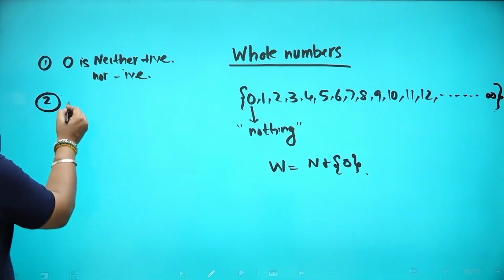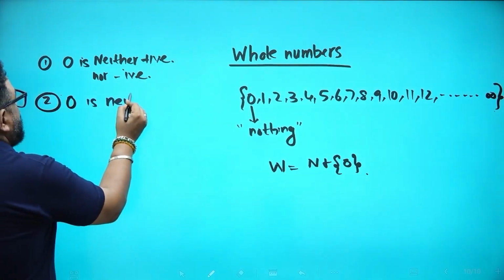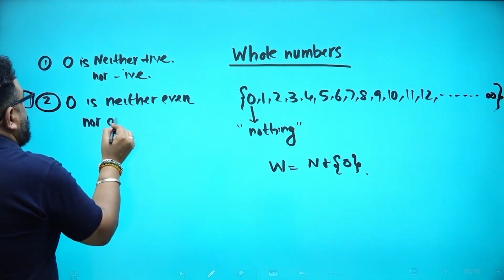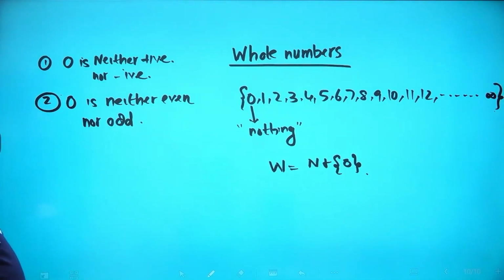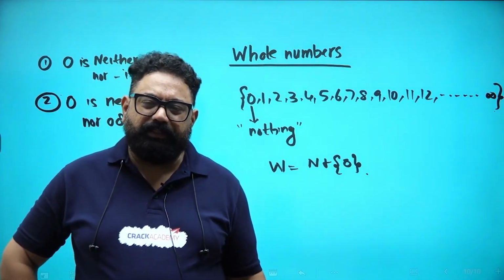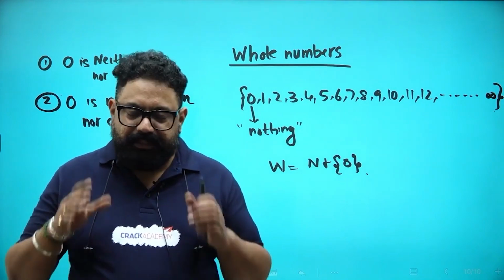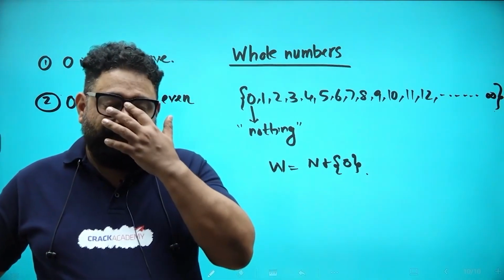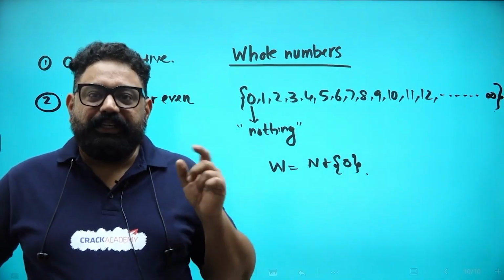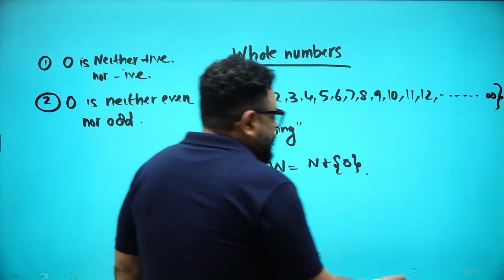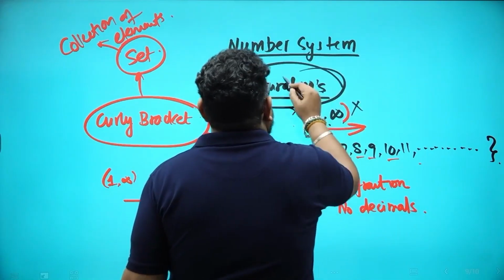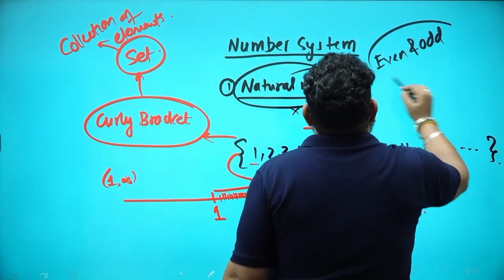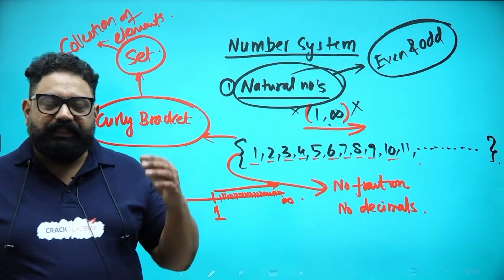Second, 0 is neither even nor odd. Many students with a maths background treat 0 as an even number, but from today onwards keep in mind that 0 is neither even nor odd, because even and odd are classifications of natural numbers, not integers.